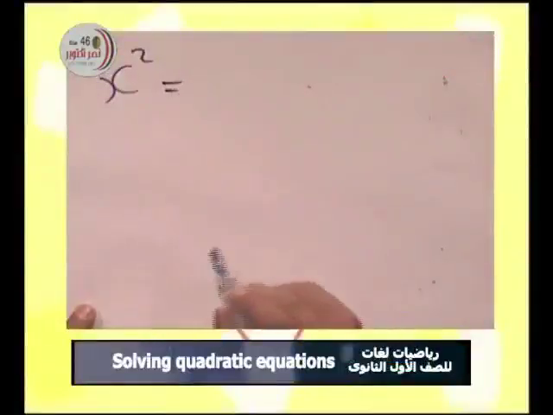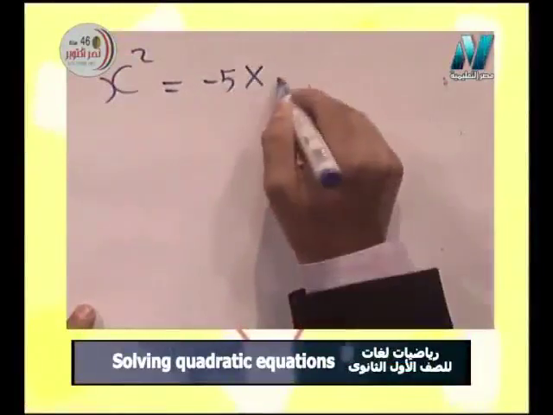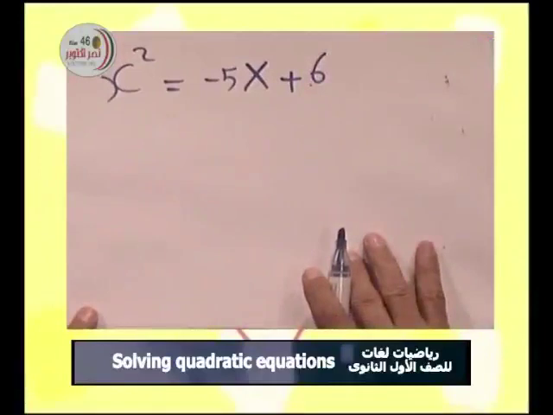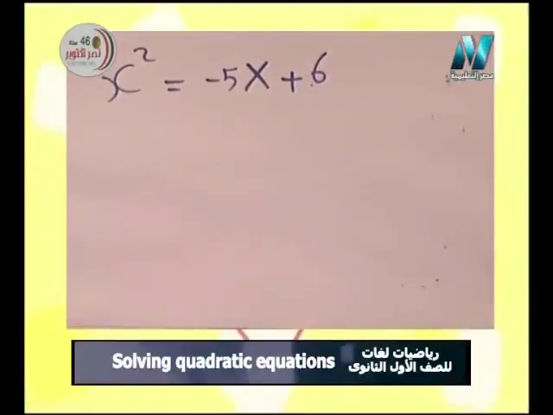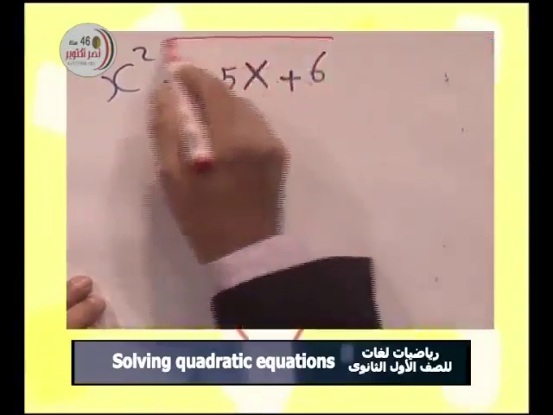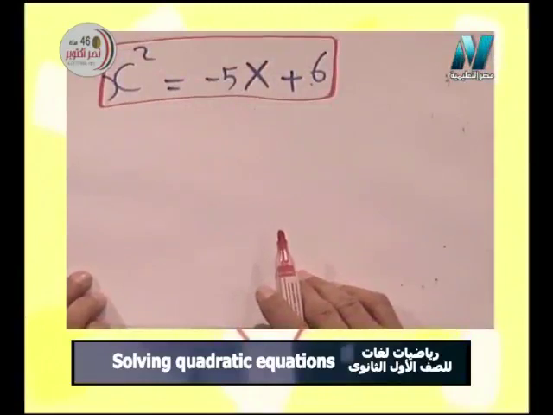Okay, now we are going to try to solve another equation, which is x power 2 equals negative 5x plus 6. Using the formula, which needs a, b and c, but this equation is not in its standard form.